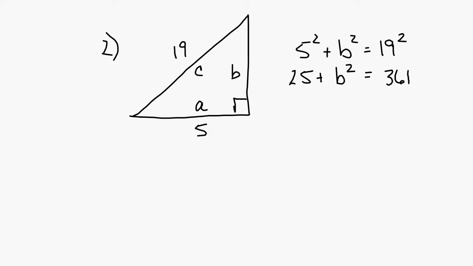If you subtract 25 from each side, then B squared equals 336.